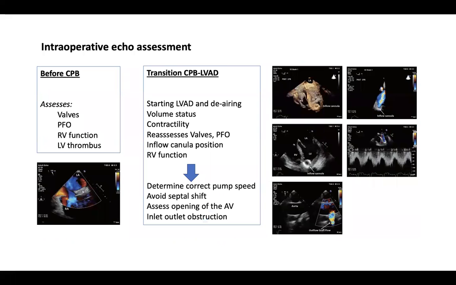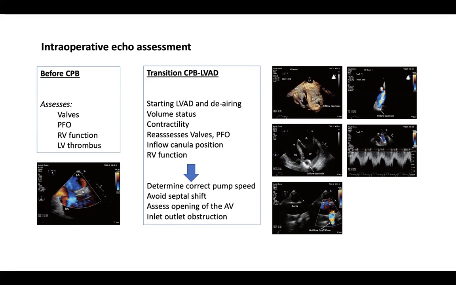Not sure if it's part of your objectives, but I think the intraoperative echo assessment is something you need to be aware of. Before CPB, you need to assess, as usual, the valves, because if you have severe or moderate AI, that might change your plan. You need to rule out a PFO. You need to look at the right ventricular function and whether there is an LV thrombus.